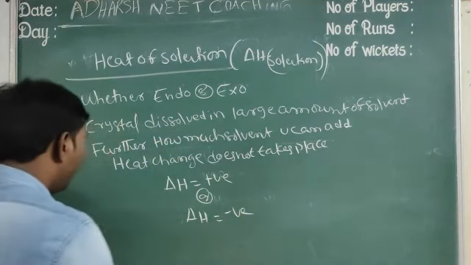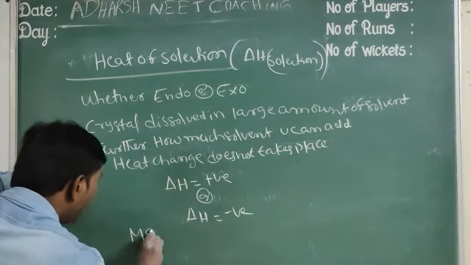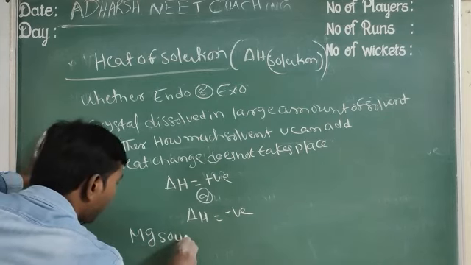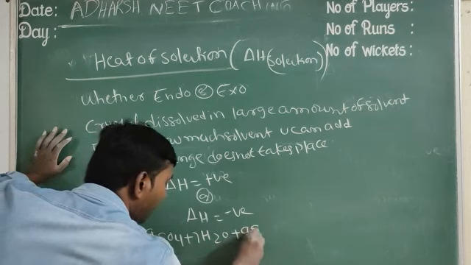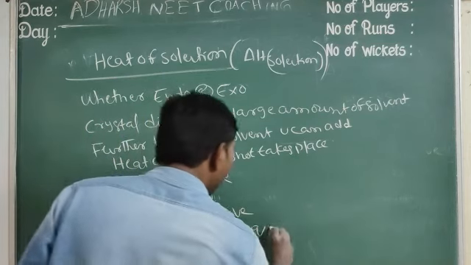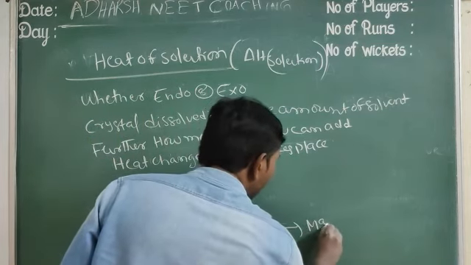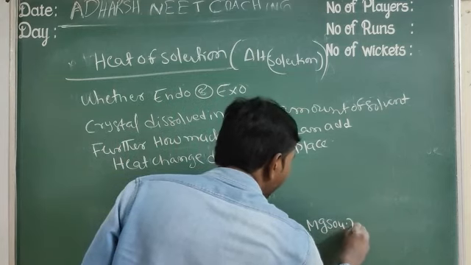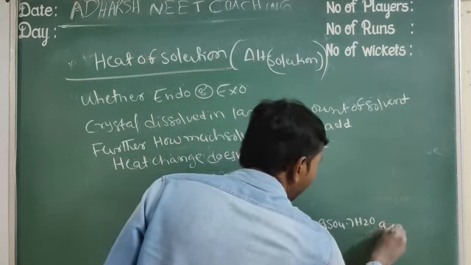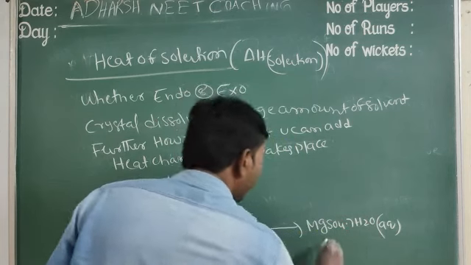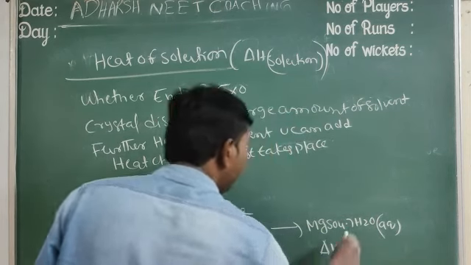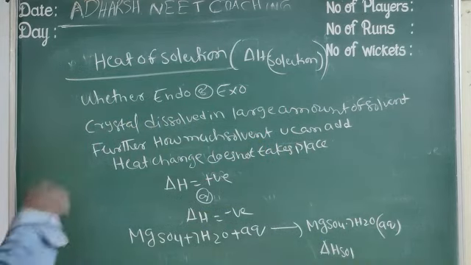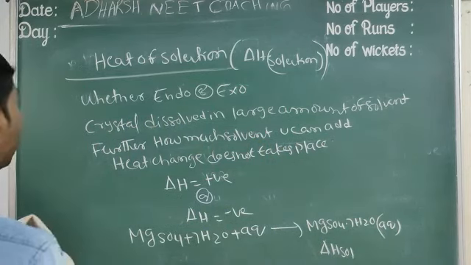Example: MgSO4 plus 7H2O plus aqueous solvent gives rise to MgSO4·7H2O aqua. This is heat of solution.